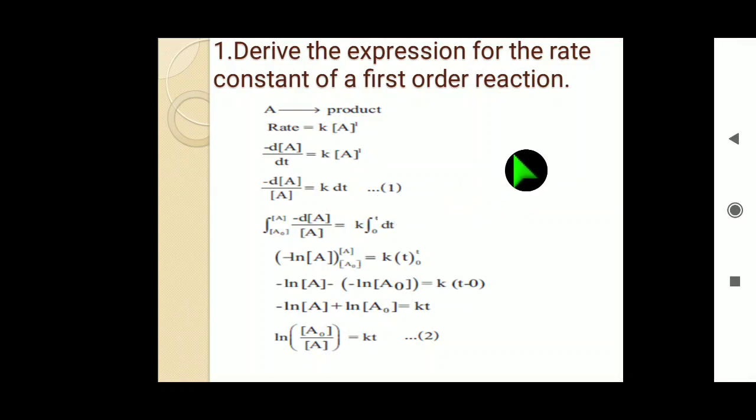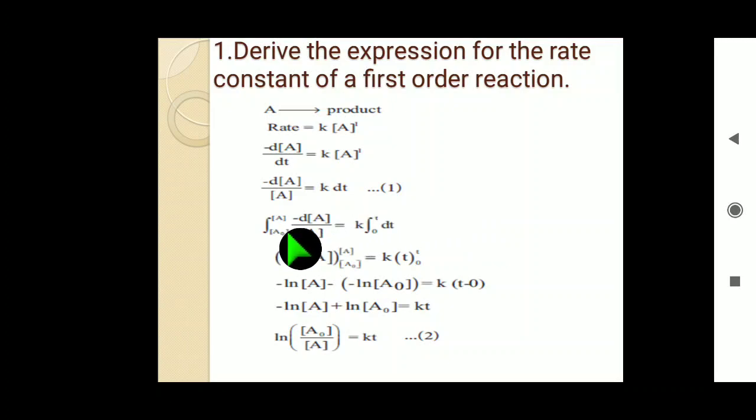Equation 1. Now the equation 1 we should integrate, between the limits of time t equal to 0 and the time equal to t, while the concentration varies from the initial concentration A0 to A at the later time. Okay.